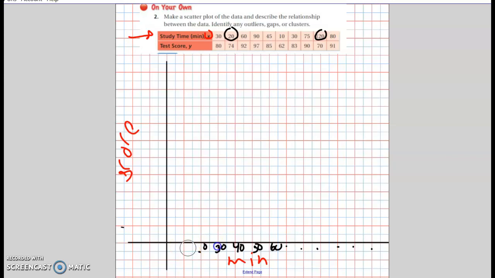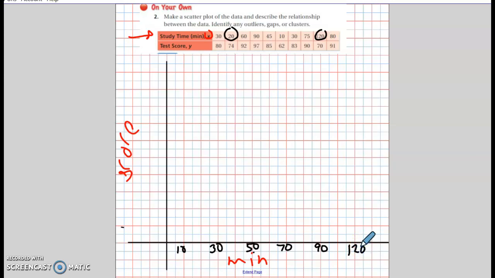Boy, oh boy. Let me try this again. I'm going to skip, I'm going to go 10, 20, 30, 40, 50, 60, 70, just to give me more space. 80, 90, 100. What did I do? I believe that's 100. This one's 120 right here.